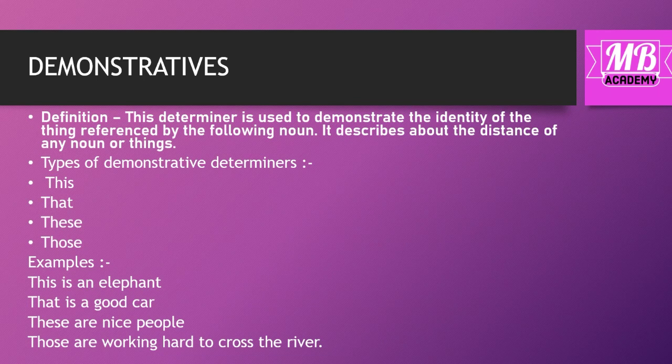Examples: this is an elephant, that is a good car, these are nice people, those are working hard to cross the river. So if you want to determine something about the distance, or something about any noun, like the closeness or proximity of a noun, then you will have to use demonstratives for that.